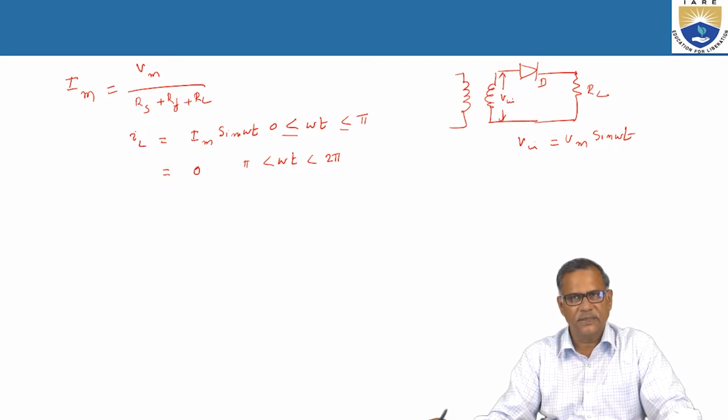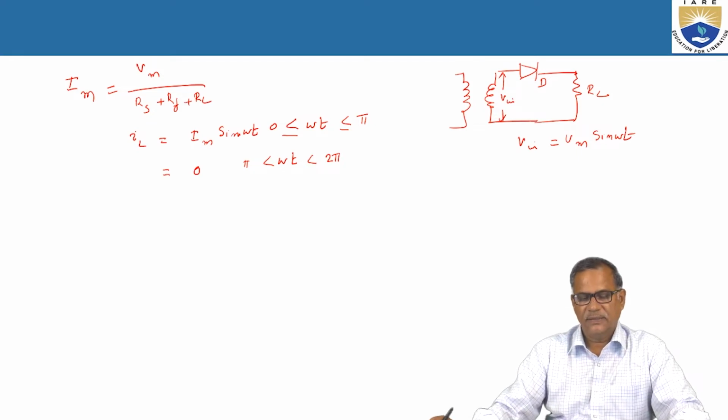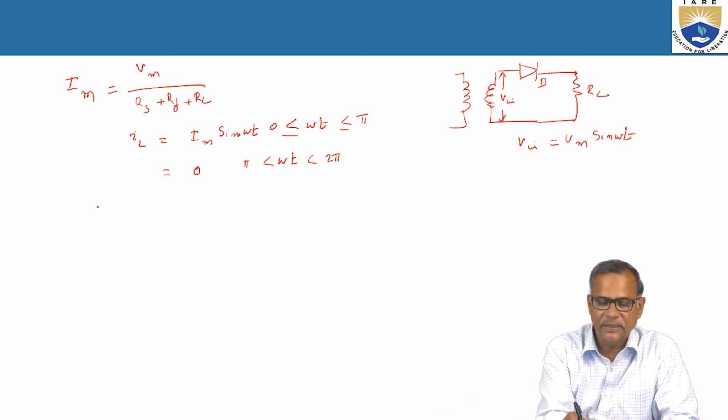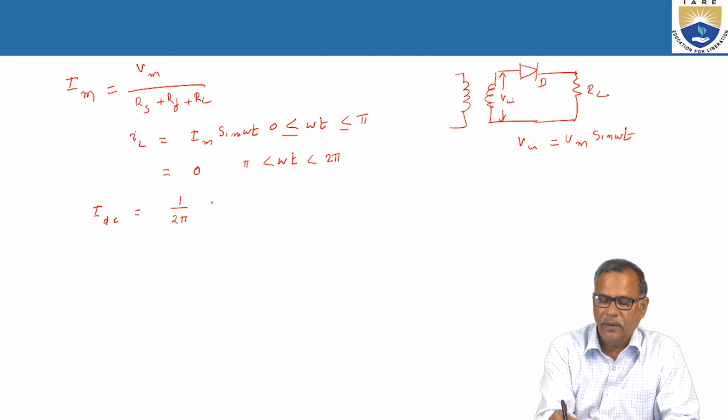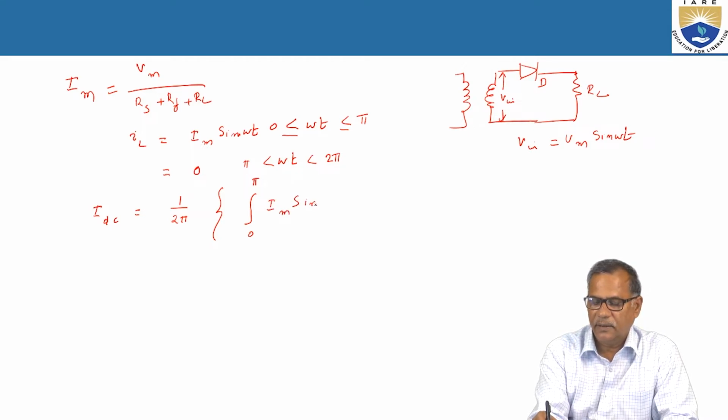Now under these conditions, let us find out the average DC current. IDC is equal to 1 by 2 pi, times the integral from 0 to pi of Im sine omega t d omega t, plus the integral from pi to 2 pi of 0 d omega t.